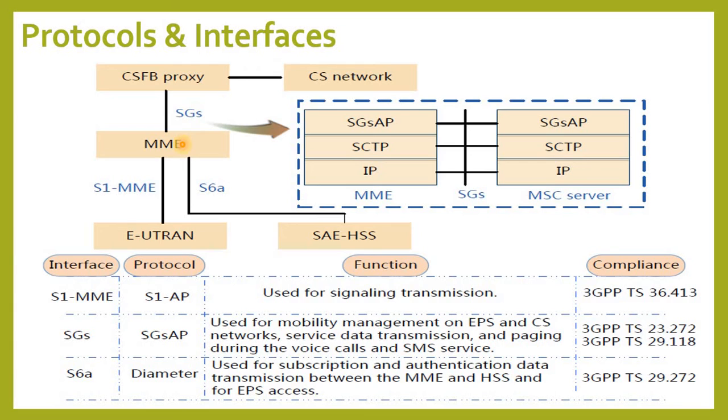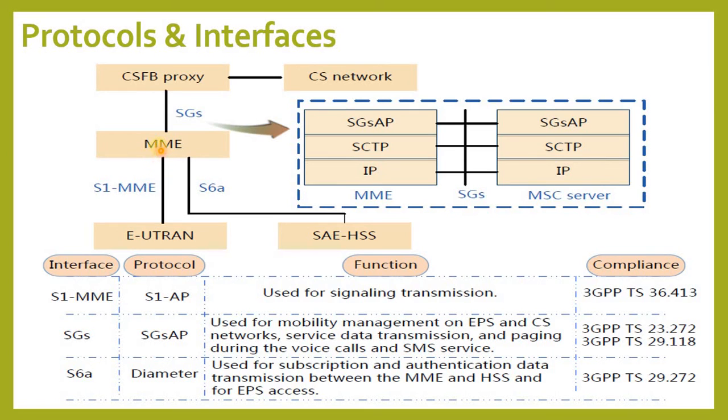As I mentioned earlier, the interface between the MME and the CS network is basically called the SGS interface. This SGS interface basically serves the SGS application protocol and is used for mobility management on EPS and CS networks, service data transmission, and paging during the voice calls and SMS.